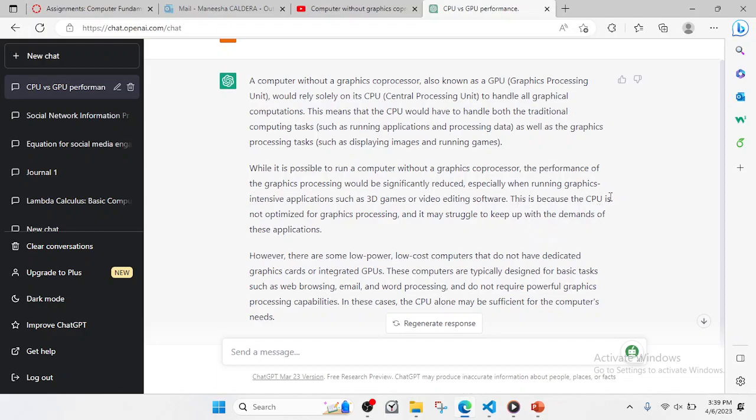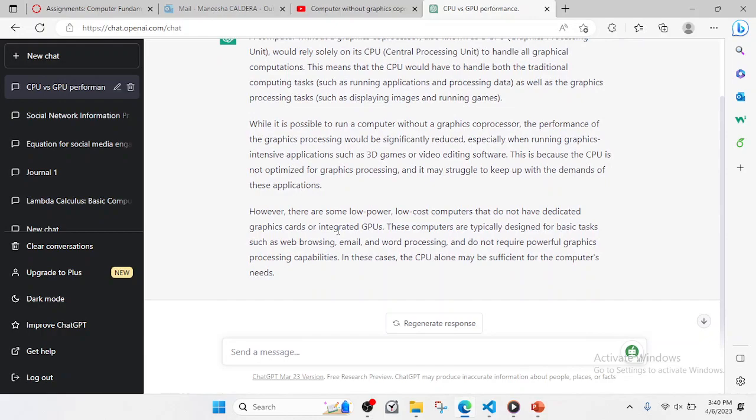Now, this is because the CPU is not optimized for graphic processing. And now we got some additional information. CPU is mainly focusing on processing ones and zeros, not on processing graphical information. Right, we got something more, and it may struggle to keep up with the demands of these applications. Now the CPU might get into a big problem.